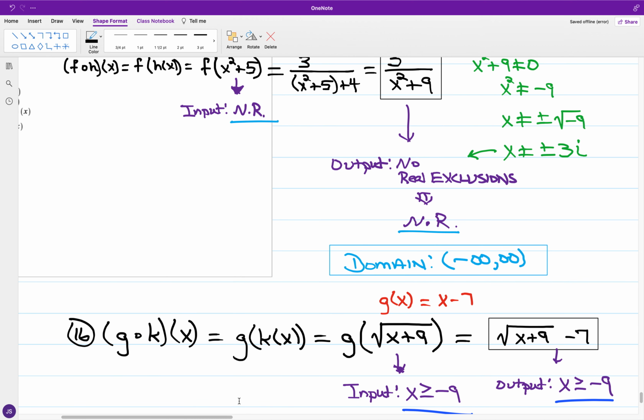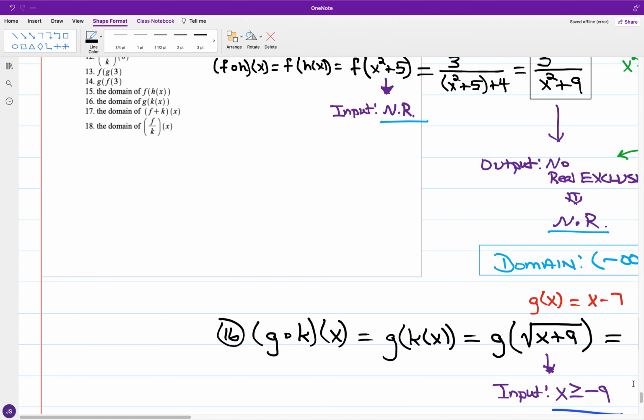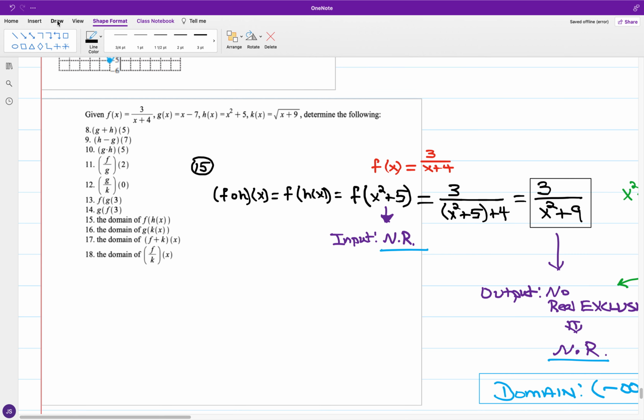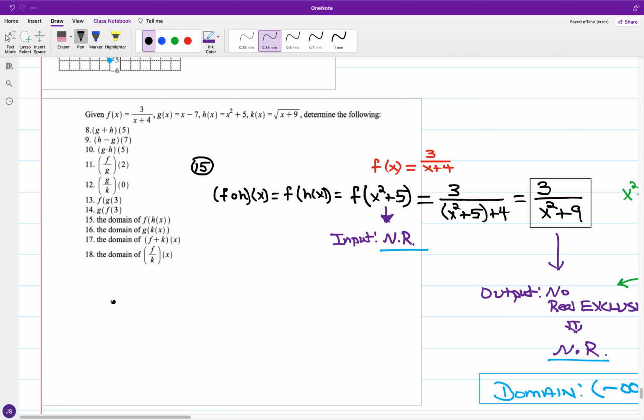Alright, and then tying in the last two parts, we have working with f of x and k of x. So we have f of x is equal to 3 over x plus 4 and k of x, again, is the square root of x plus 9.